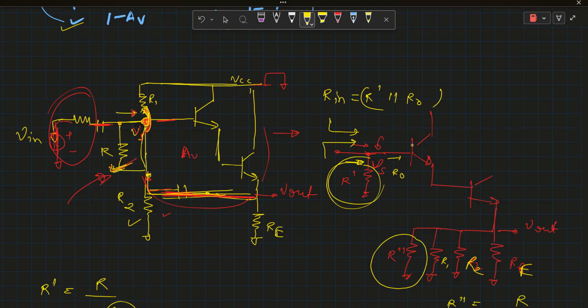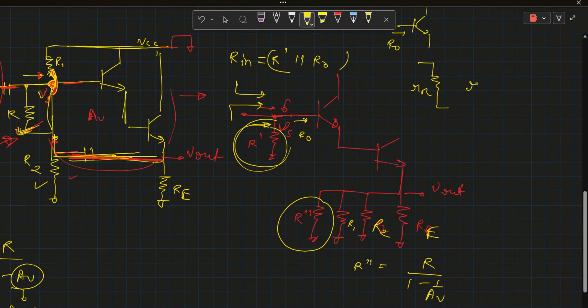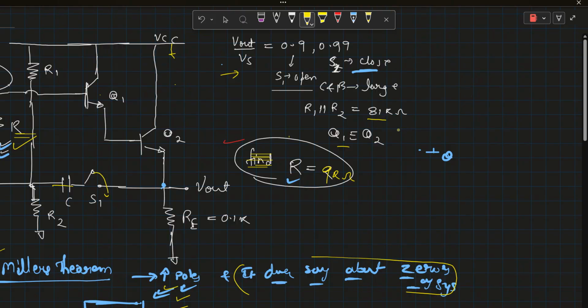This R naught is nothing but the input impedance of the BJT. The input impedance of the BJT is nothing but R pi, and R pi has the formula of beta upon gm.